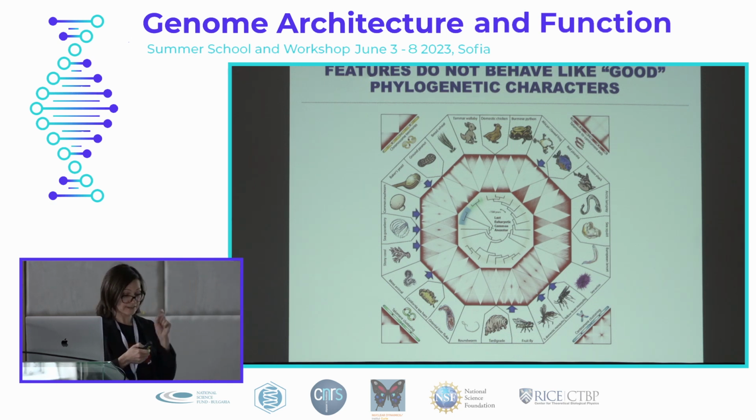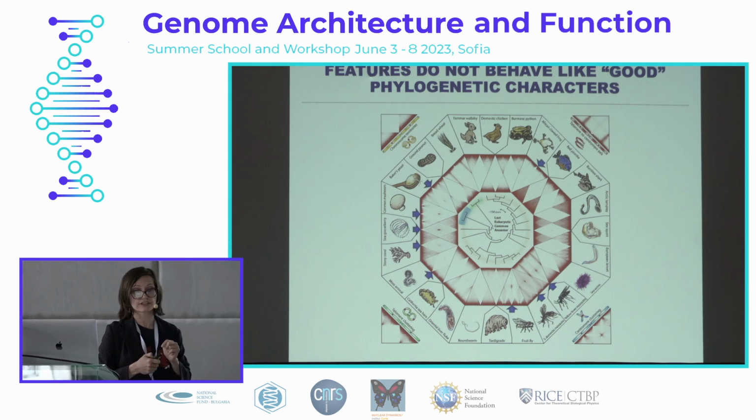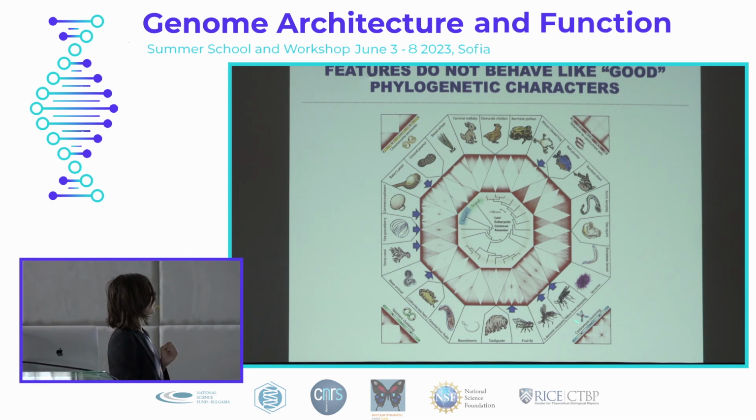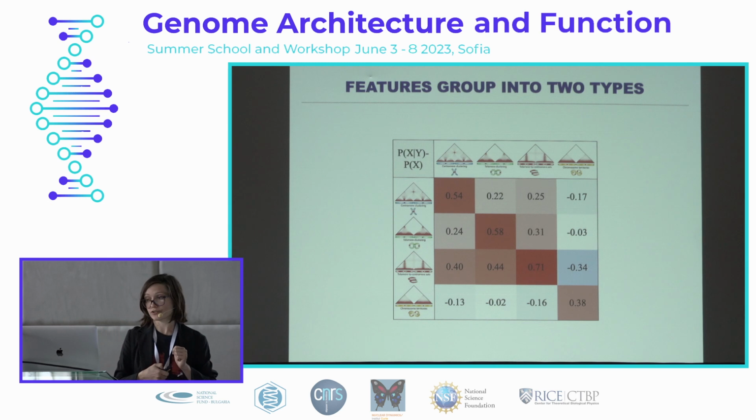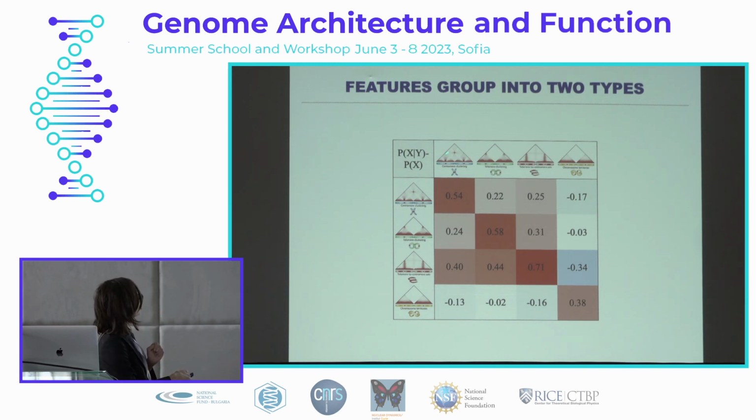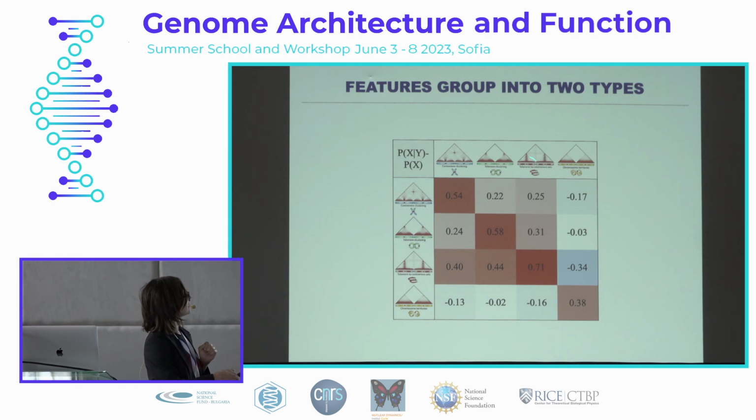Another thing that we learned is that these features that I showed you co-occur. Pay attention, for example, to this mosquito map. Here's the centromere peak, and there are these lines over here that correspond to the centromere to telomere axis. If you examine how exactly these features co-occur, what you'll see is that the first three, the centromere, telomere, and centromere to telomere axis, tend to co-occur a lot, while if you have chromosome territories, you usually don't see any of the other two.